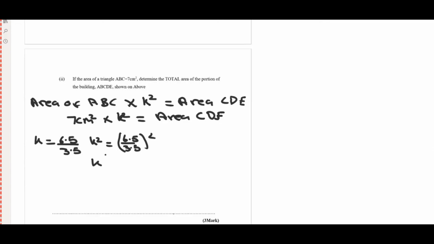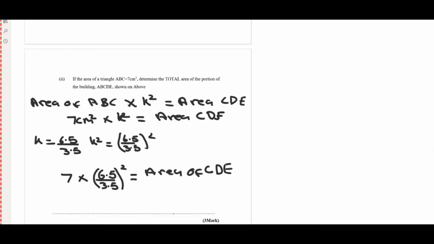Let's leave it like that, because you'll get a large decimal. So that is 7 multiplied by 6.5 over 3.5 squared, which is equal to the area of CDE.